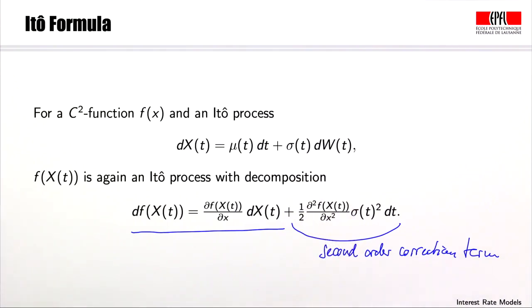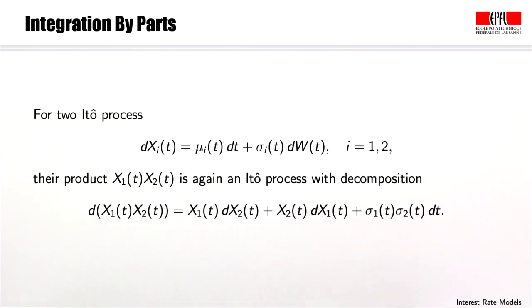There is also a multivariate version of Ito's formula, but I refrain from showing it here, with the following exception: the integration by parts formula. It states that for two Ito processes, x1 and x2, both in differential notation as shown here, the product x1 times x2 is again an Ito process with decomposition as shown here.